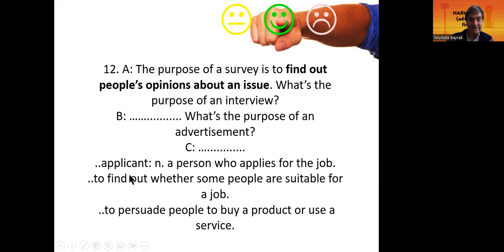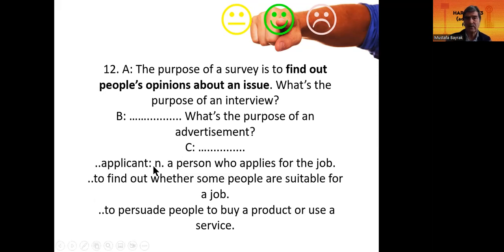Okay, applicant is the person who applies for the job, to find out whether some people are suitable for a job. Yes, this is the purpose of an interview. And the last one is the purpose of an advertisement.